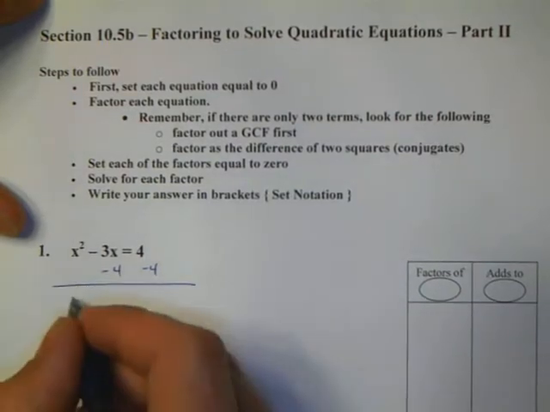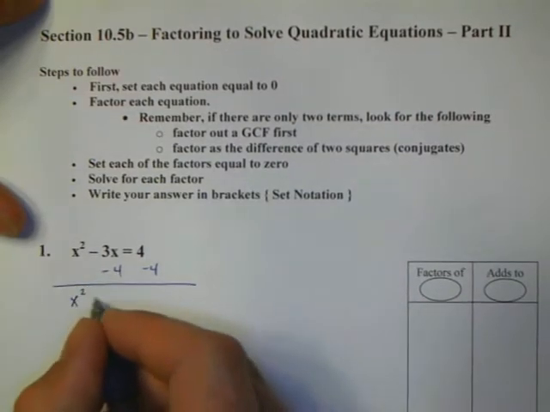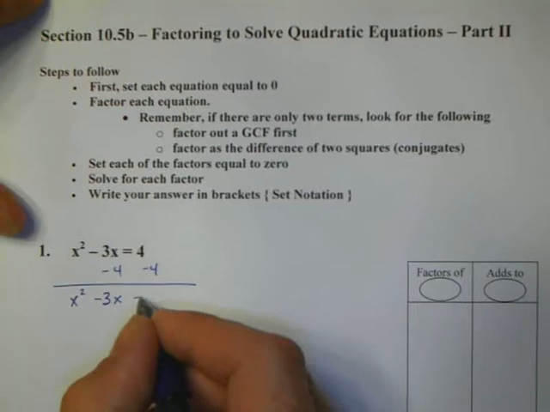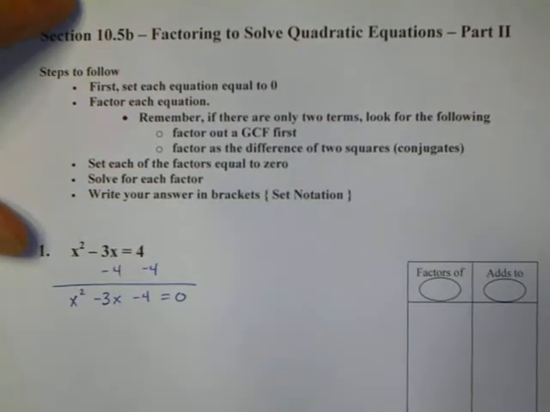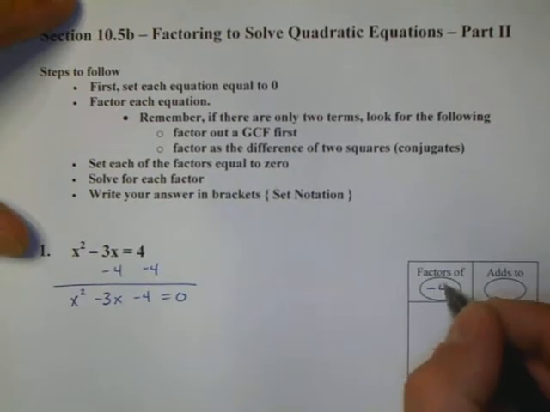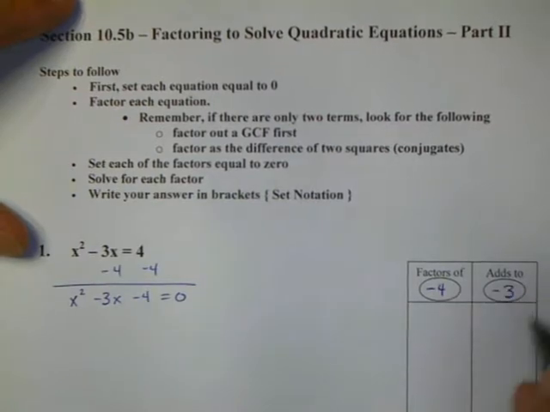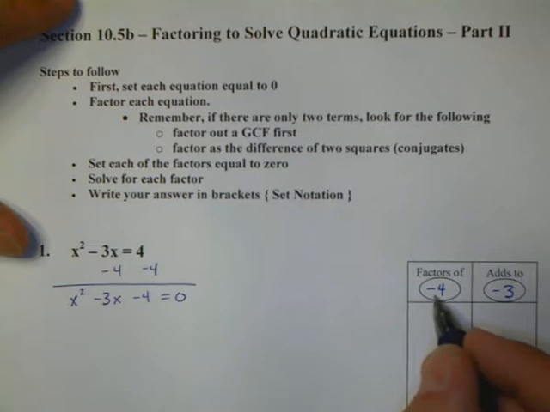After we subtract 4 from each side, we have x squared minus 3x minus 4 equals 0. At this point we're going to have to try to factor it now that it's equal to 0. So we have factors of negative 4 that add to negative 3. One of them has to be a negative since we have a negative 4 multiplying to that.